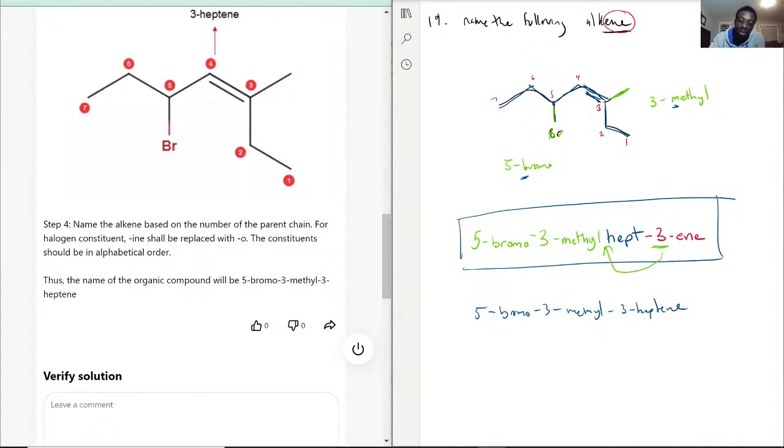If there's 2 double bonds, for example, it would be 3,7-heptadiene.